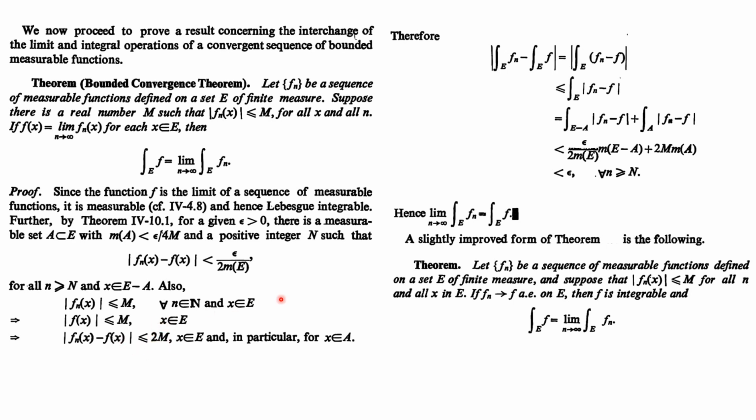So substitute the value of this function over here. Over the set A, this value is less than or equal to 2m. So we get 2m into the integral of 1 over A, which is nothing but the measure of A.